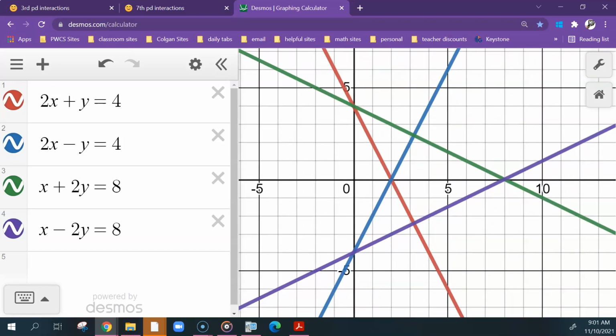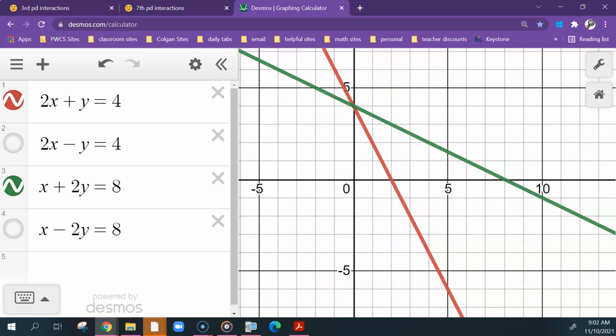On the paper, what's your y-intercept of the graph? 4. So one of these has to go through your y-intercept of 4. Right now only 2 do, red and green. So I'm going to get rid of the purple and the blue. It has to be one of those. And then to figure out which one, count your slope.